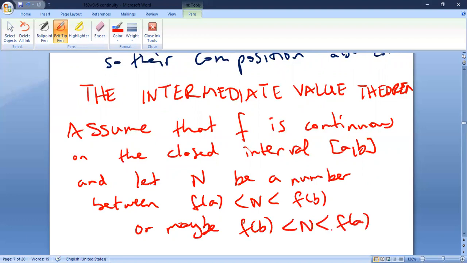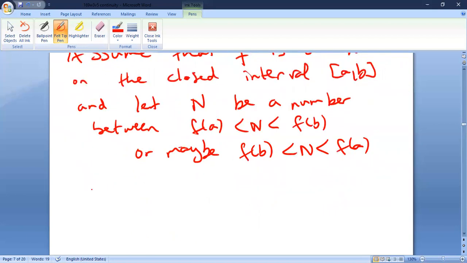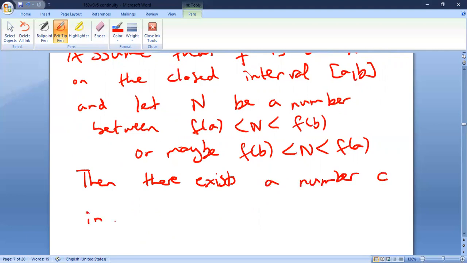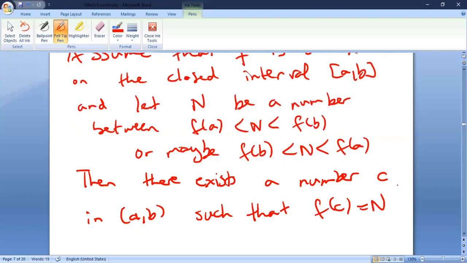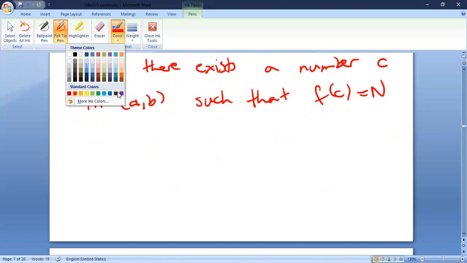In any event, n is a number between f of A and f of B. Then there exists a number C in the open interval, where A and B are not included, such that f of C is equal to n. Now, this may seem confusing, but let me draw a picture here, and then you will see what I'm talking about.